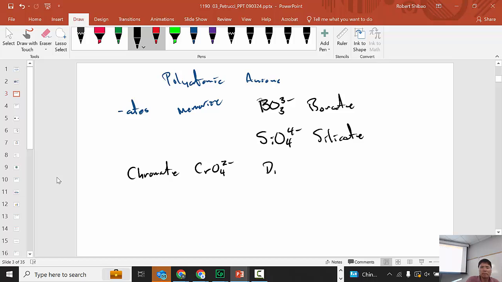Dichromate, Cr2O7, charge? 2 minus. Good. Dichromate.